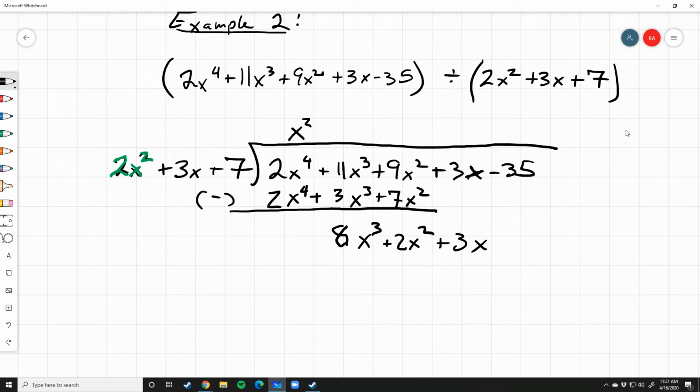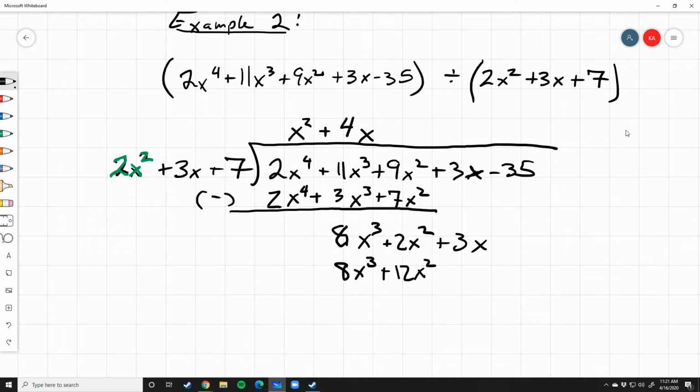We'll ask, what do I have to multiply 2x squared by to turn it into 8x cubed? And you would probably say 4x. We'll then multiply 4x by all the terms in the divisor. So 4x times 2x squared is what we're looking for, 8x cubed. 4x times 3x is 12x squared.